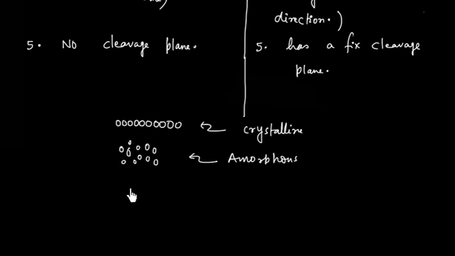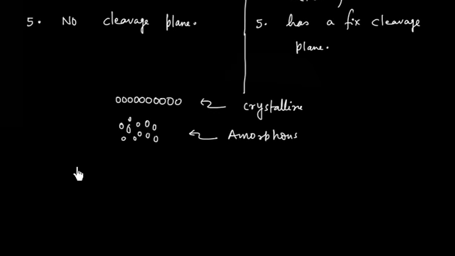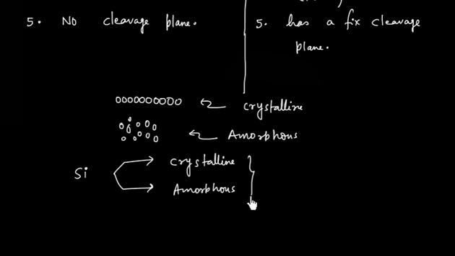For example, silicon can exist in both conditions. Silicon can be crystalline or it can be amorphous. It depends how silicon has been prepared.